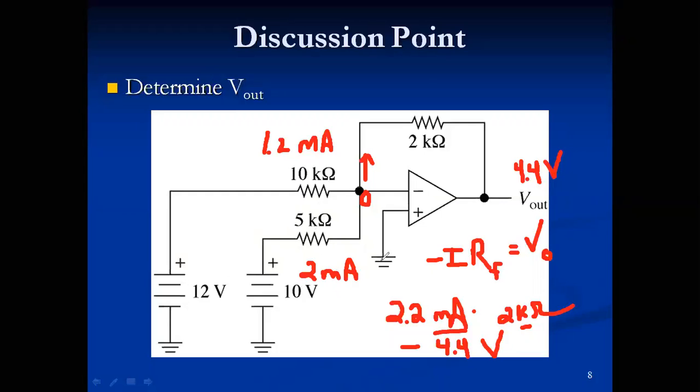You will have a fixed relationship between the output voltage and the input voltages. You can add them, subtract them, you can divide them, you can even do calculus. You could integrate and do derivatives. So that's OpAmp crash course.